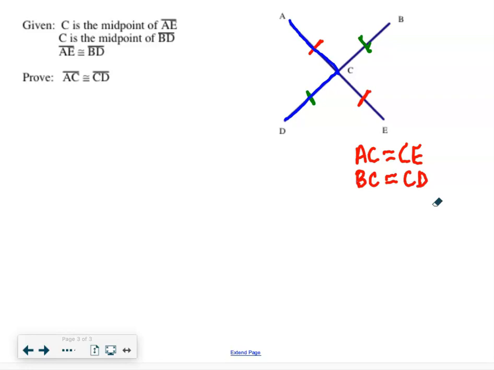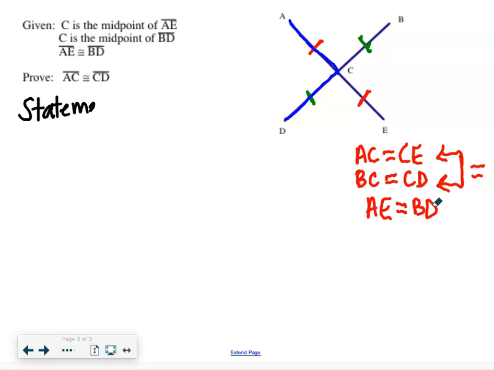And then, since AE is equal to BD, all of these are actually equal. So this one shouldn't even take that long, right? So just a couple steps maybe? We'll see how this works, okay? So let's write out our two columns, or you can make your flow proof, whatever you want to do.